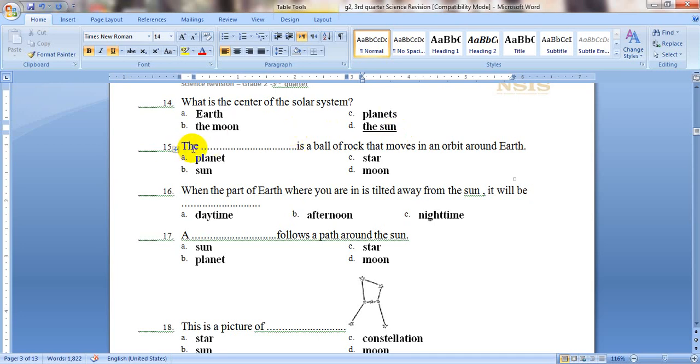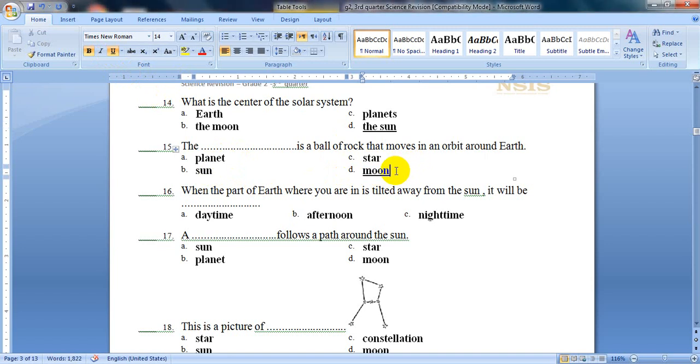Question number 15. The space is a ball of rock that moves in an orbit around Earth. What is moving around Earth? Is it a planet, sun, star, or moon? It's the moon. The moon is a ball of rock which is moving around Earth.